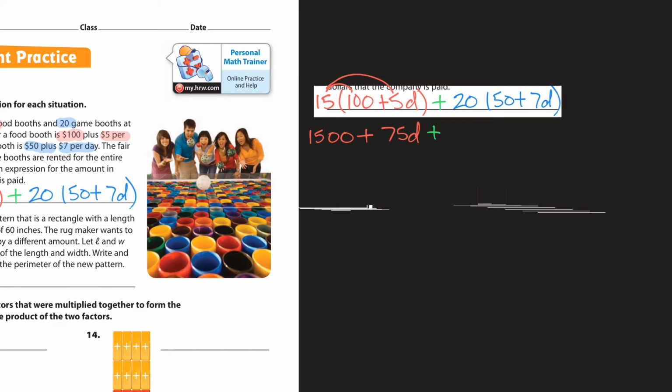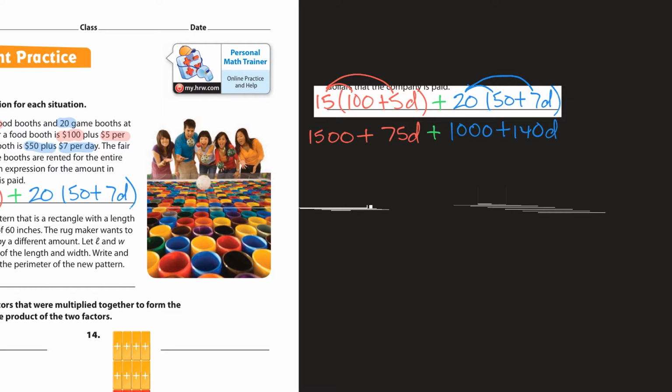And then we have plus 20 times 50, that's 10 with 2 zeros, so that's 1,000. And 20 times 7, that's 140, and then D. And what I would do now is add this stuff up.